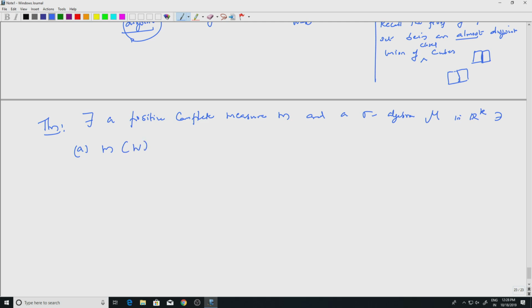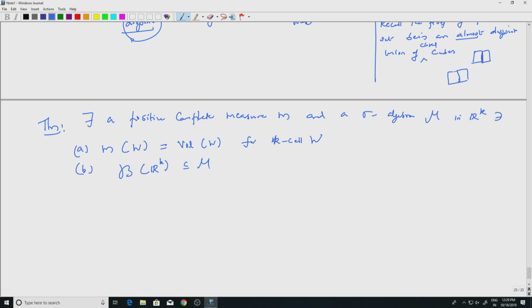A, measure of a k-cell W is the volume of W for every k-cell W. B, the Borel sigma algebra of Rk is contained in M.